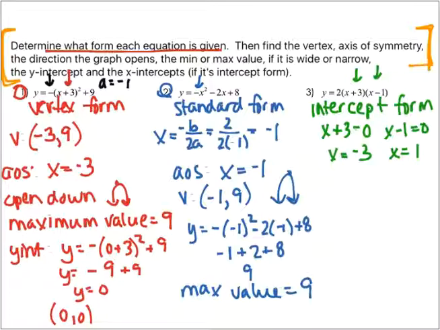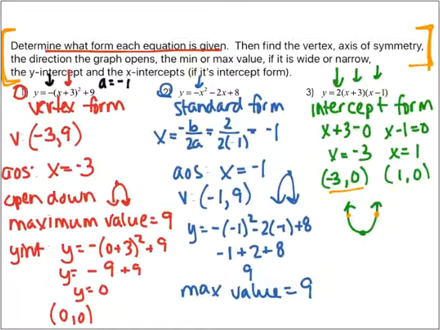I want to write these as ordered pairs, so -3, 0, and 1, 0. My A value is positive, so I know that this is going to open up. So when I do find my vertex, it's going to be a min value. So keep in mind here, I just found that this is -3, 0, this is 1, 0, so my vertex is going to be right in the middle.